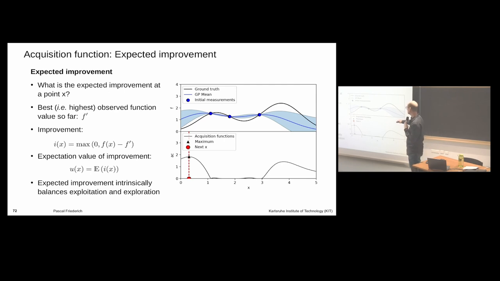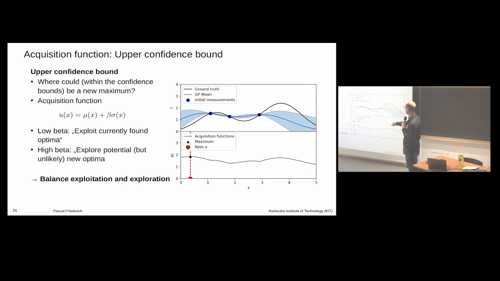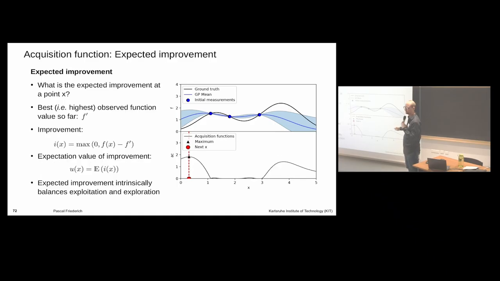If we now compare expected improvement to upper confidence bound, they look on first glance very different, but the maxima are very similar. There's a global maximum here and a local maximum here. That's the same for this one. So the next experiment to choose would be very similar, independent of which of the acquisition functions we use.